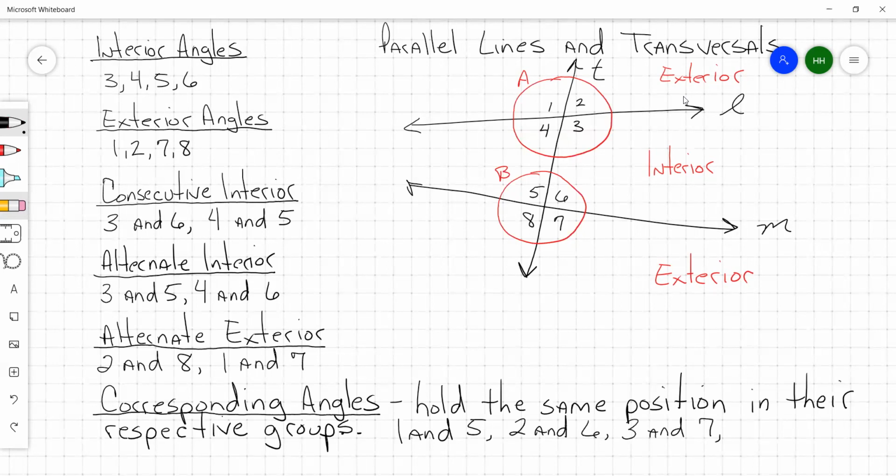And the last group of corresponding angles in this picture, 4 and 8. Very good. Any questions on those groups or different types of angle names?